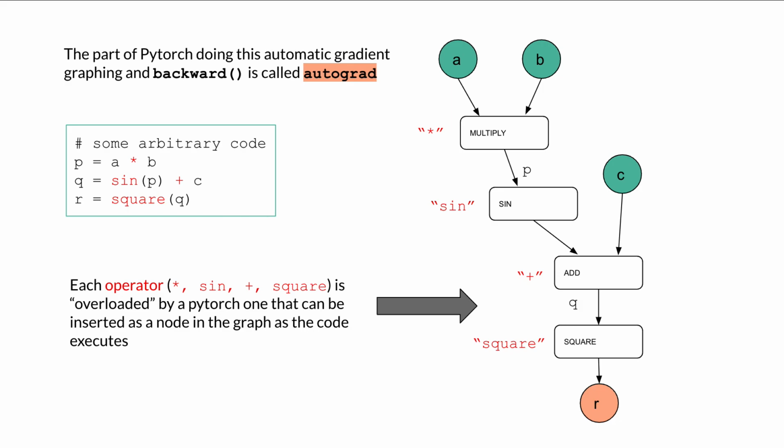Yet that overloaded operator can also be inserted as a node in a graph. This is what's doing the recording, because each of these operations in PyTorch can be connected in this tree-like fashion to create this graph. Again, note that the square function is just a convenience that I'm using to show that we intend to raise q to the power of 2, but otherwise in the actual Python this would be a power function.